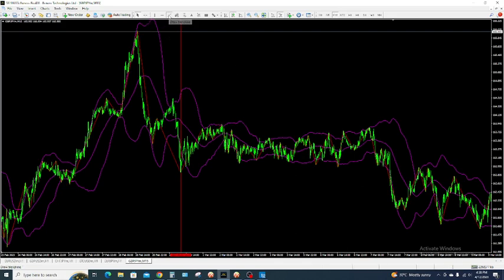This contraction is one, this is another, and once it breaks the median, then we take a trade. You can see this trade is up, so we are taking a trade down.